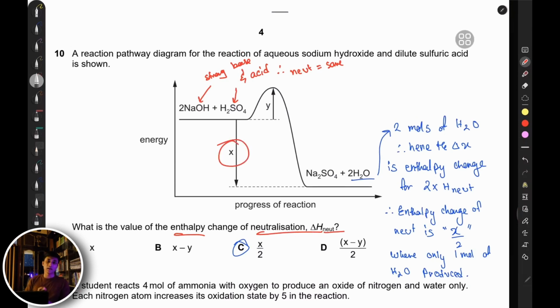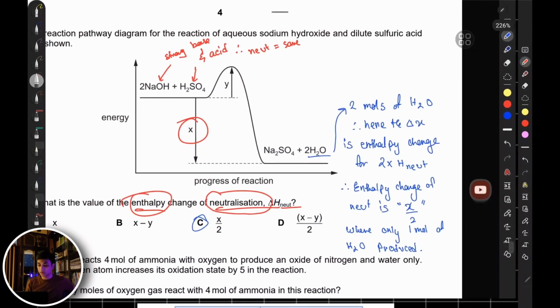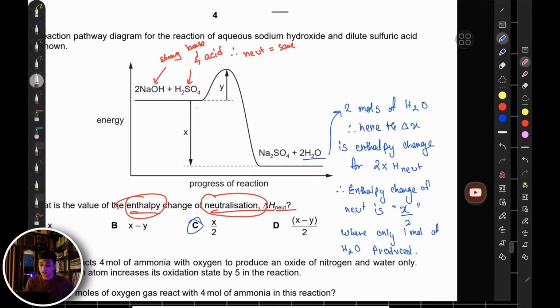However, they've specifically asked you for the enthalpy change for neutralization only. Since they have done that, it's not going to be the net enthalpy change. Why?